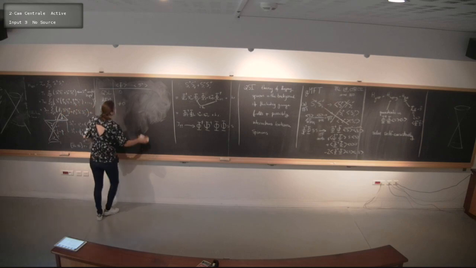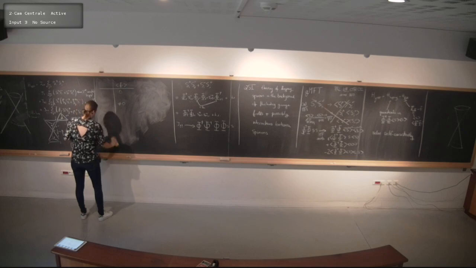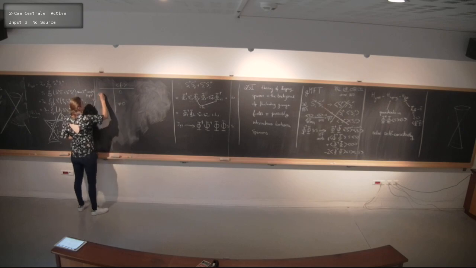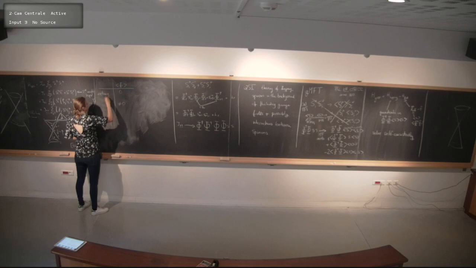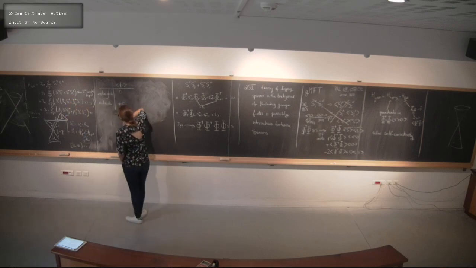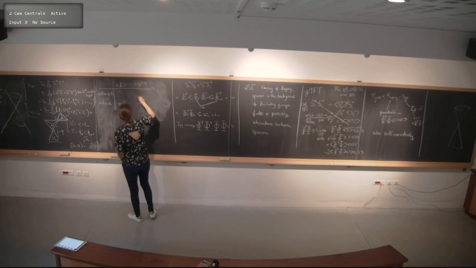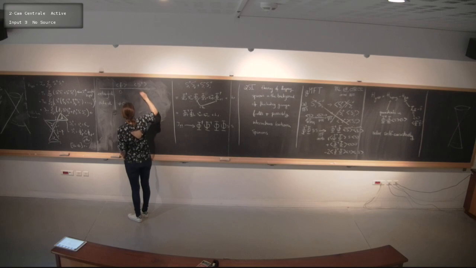So maybe what I actually should have drawn here is that the entangled phase is like this, and the ordered phase is like this. Okay? And now you can actually distinguish between one sort of entangled phase and another, and that's through this expectation value of S z in this case, which can actually be 0.